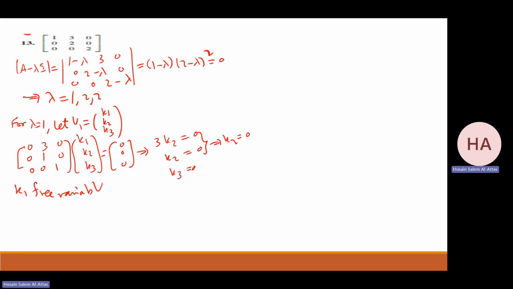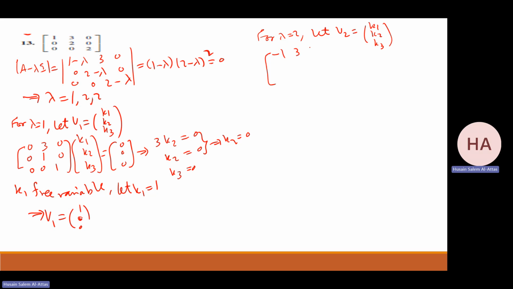There's no restriction on K1. So let K1 equal 1. So it will be V1, 1, 0, 0. Okay. Now for lambda equal to 2, let V2 be K1, K2, K3, solve the system.